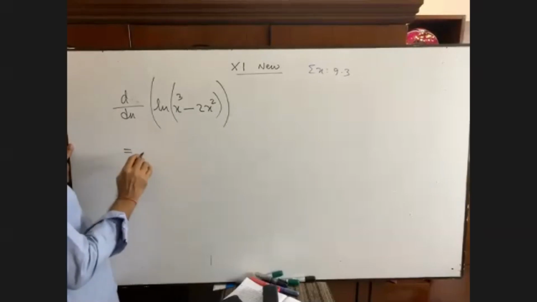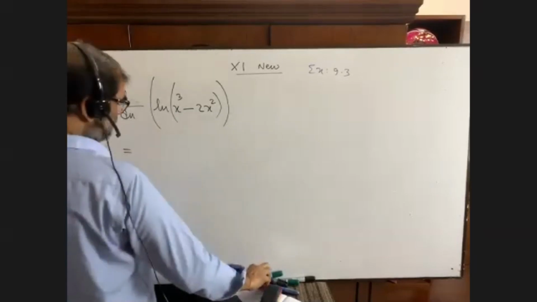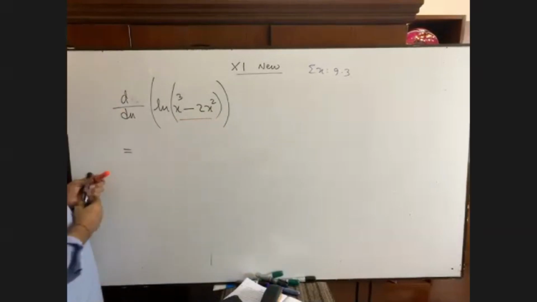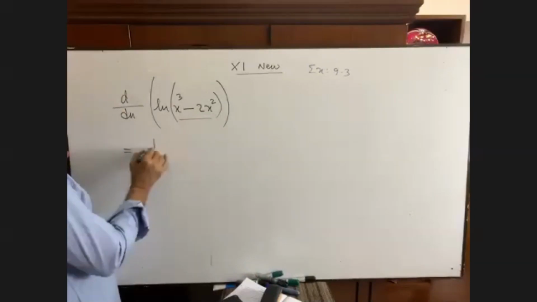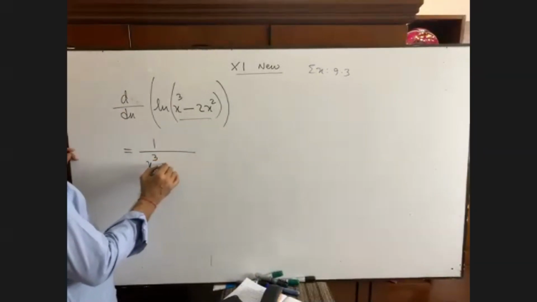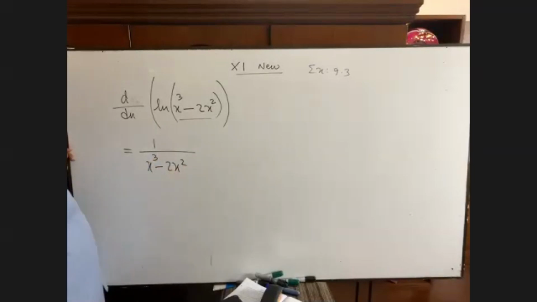What is ln x? I have to find out which one is x here. It is x. So what is the derivative of ln x? It is 1 by x, where x is this whole expression.